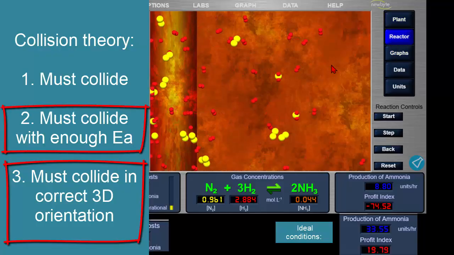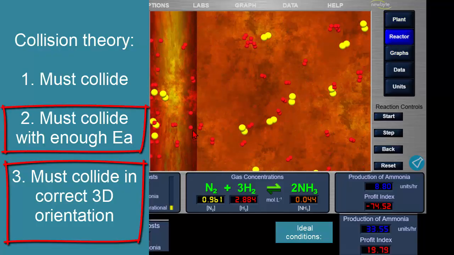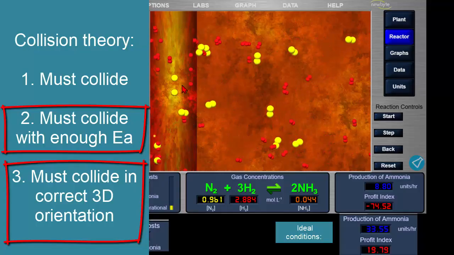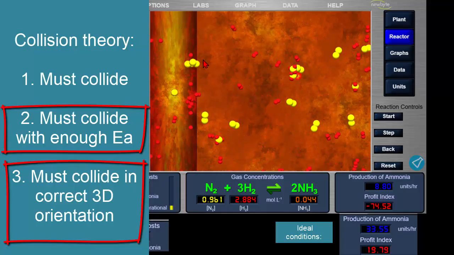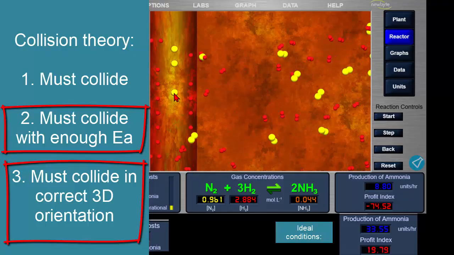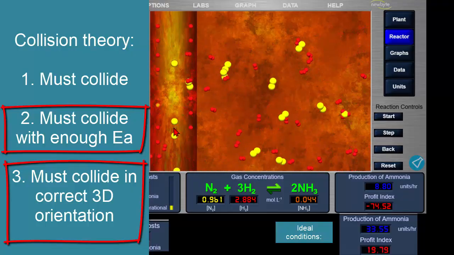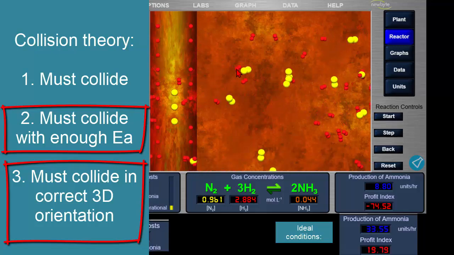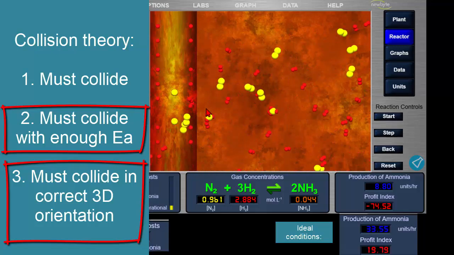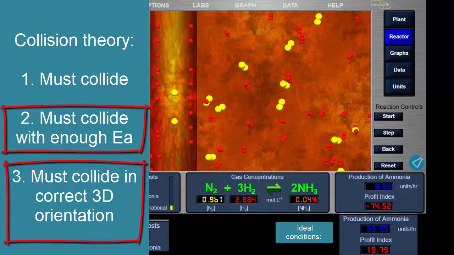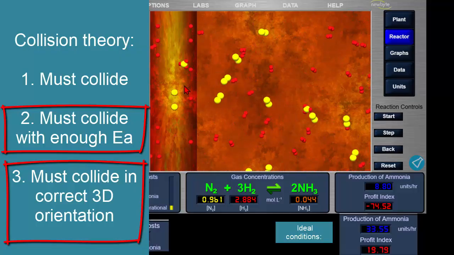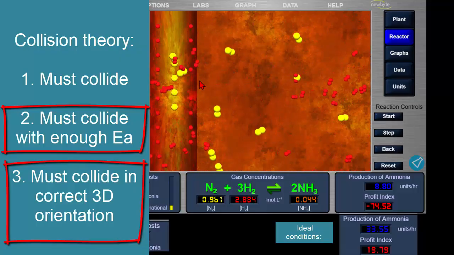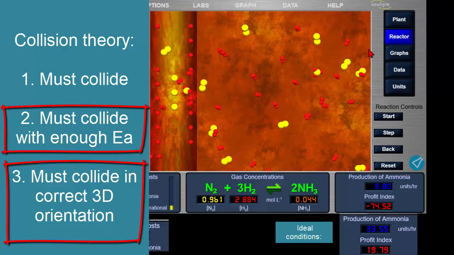If you have a careful look here, it looks like it's decreasing the activation energy. It looks like it's actually grabbing the nitrogen and hydrogen and doing part of the reaction already, breaking it up into single atoms ready to complete the reaction to NH3, rather than orientating it as far as collision theory is concerned, and speeding up the rate of reaction.